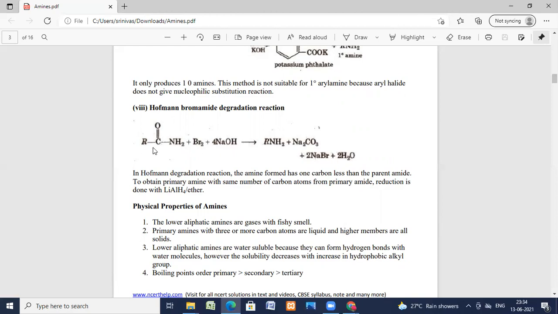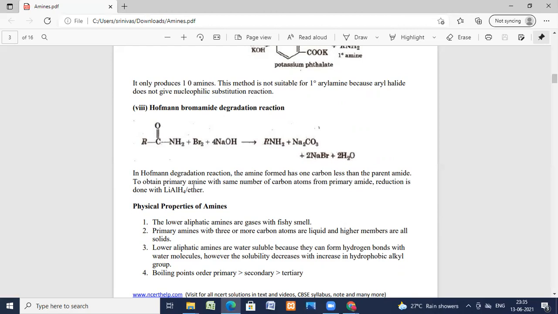So carbon is getting lesser, so it is a degradation method. That is the reason we call it the degradation method.